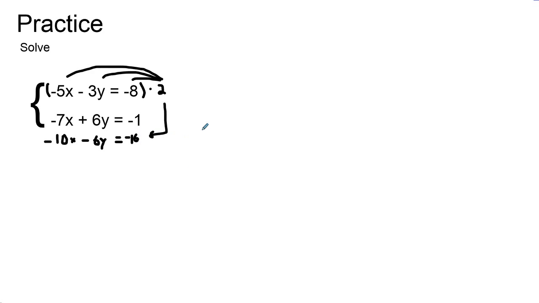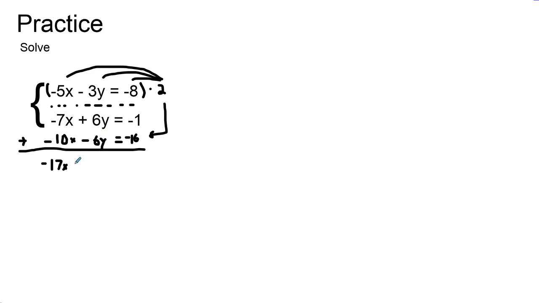Okay, so now I'm going to focus on these two bottom equations here. We're not doing the top anymore. This and this are opposites, plus and minus, so I'm going to be using addition here, all right? So addition because they're opposite of each other. So negative 7x plus negative 10x, that's negative 17x.